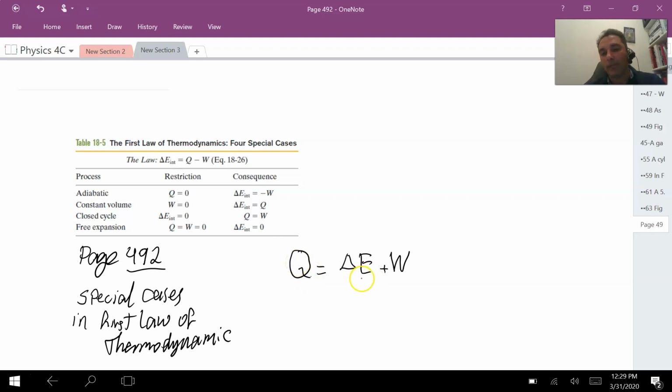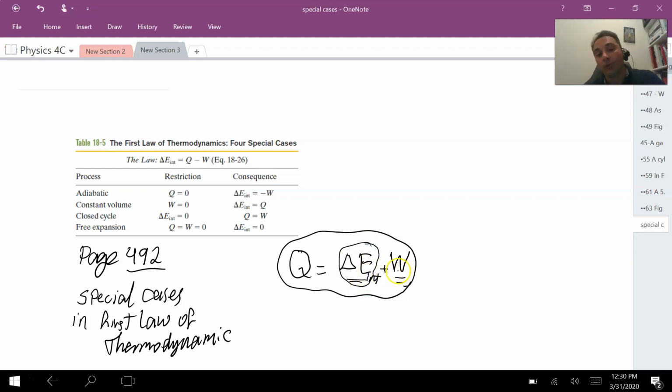Number one, it changes its energy, and number two, it's doing work. The first law of thermodynamics: the total heat given to the system is doing two things. Number one, it changes its energy. What is this energy? It's internal energy.